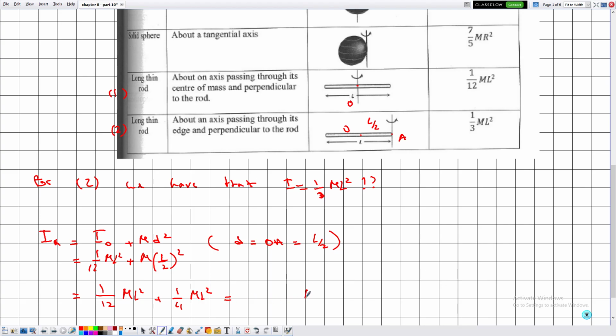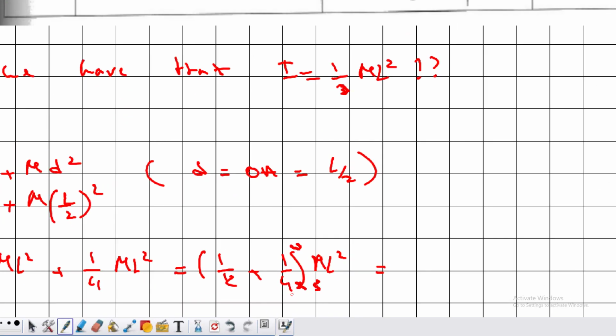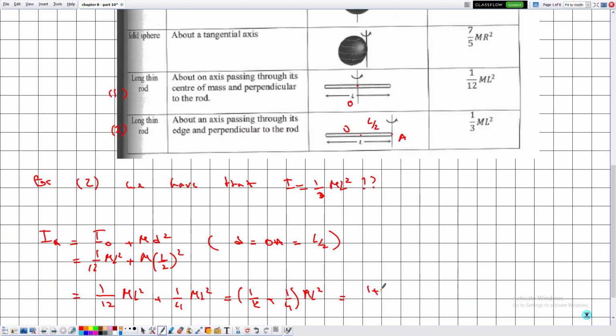So we can take ml square as a common factor. We are adding two fractions. Here if you multiply by 3, then it's given by (1 + 3)/12 ml square, which is equal to 4/12, which is 1/3.